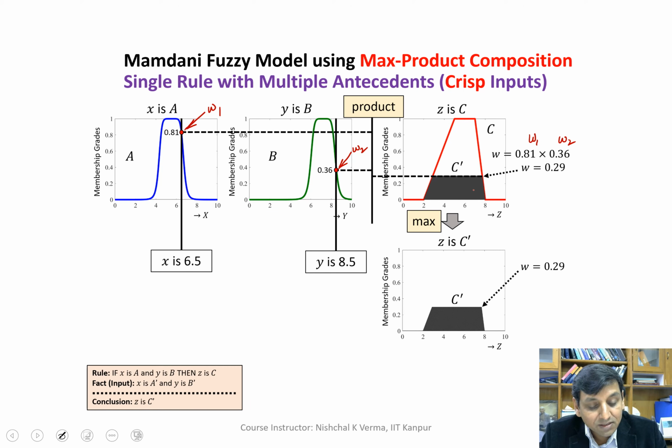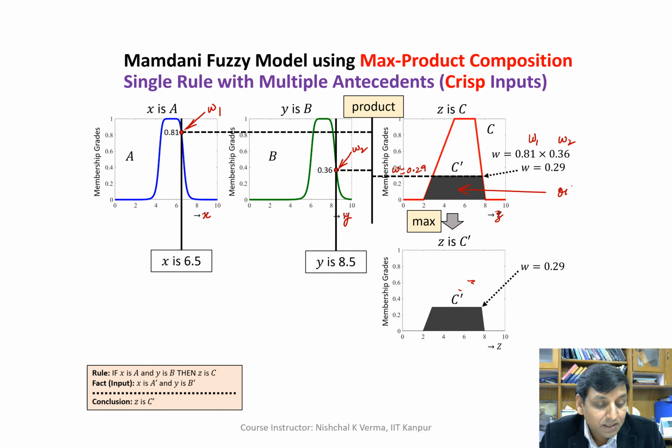With this value, we truncate the fuzzy set C. So with this value, we get the output. This is the output out of the first rule.